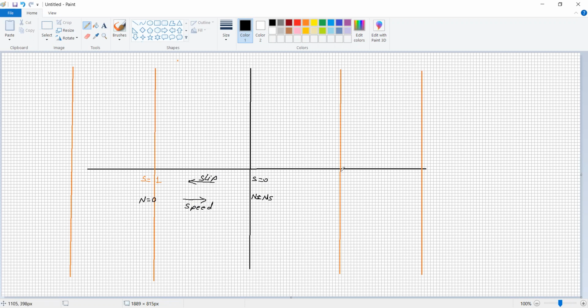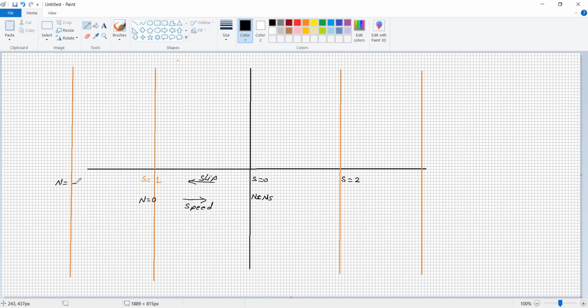Here the slip is equal to 2, and we can say that the speed is equal to 0, and here the speed is in the opposite direction, but it is the synchronous speed.